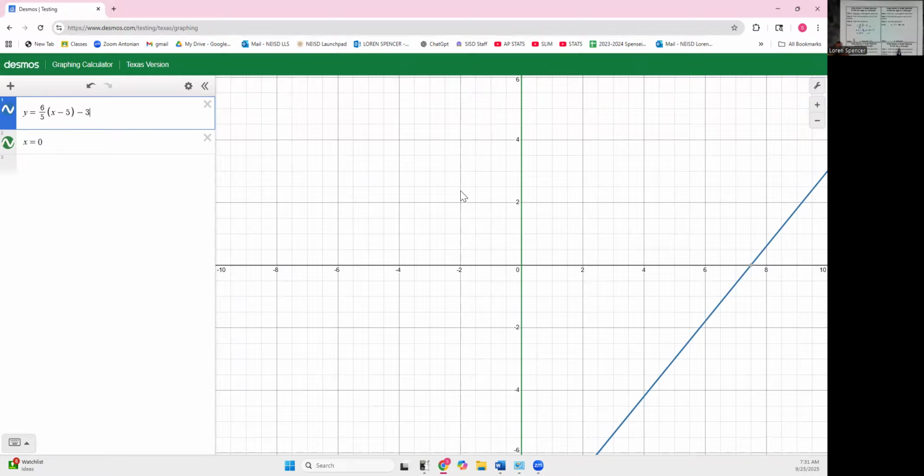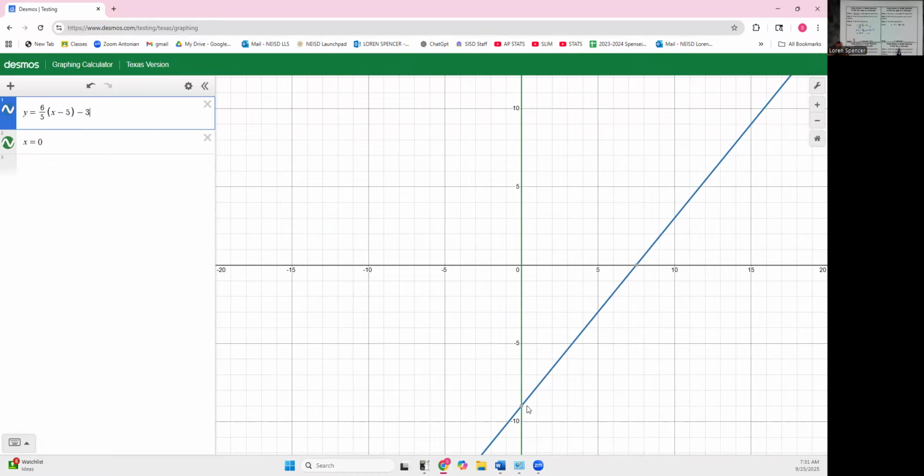Okay, and I already have the x equals 0, and I'm going to zoom out just a little bit. And we sit there and go, hey, it crosses way down here at 0 and -9. So my y-intercept is at 0 and -9.